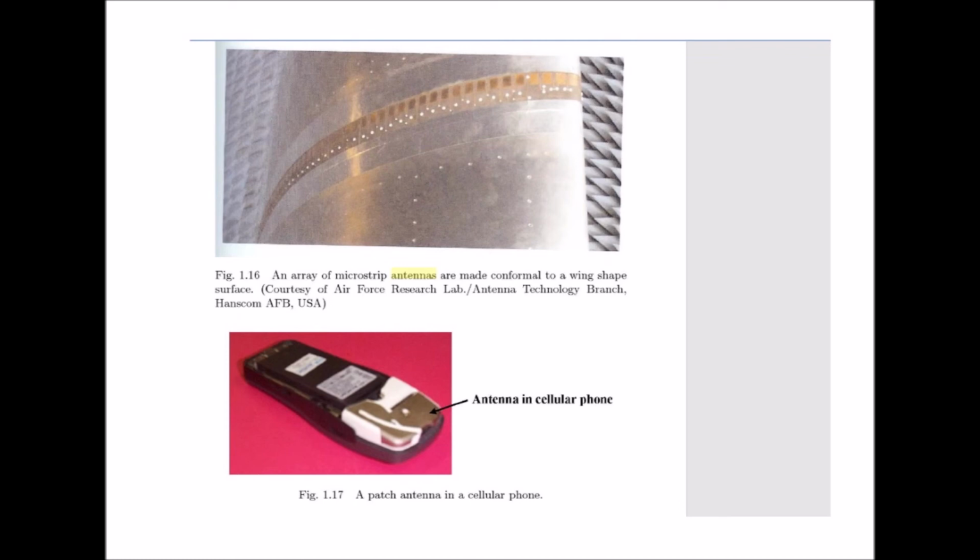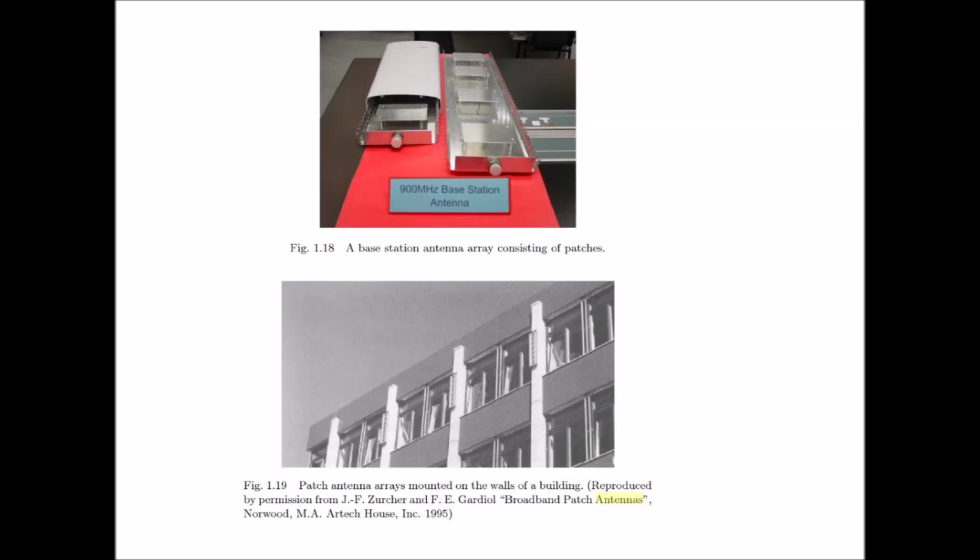Because of the advantages listed above, the microstrip patch antenna has also become the favorite of antenna designers for commercial, mobile, and wireless communication systems. Figure 1.17 shows a patch antenna in a cellular phone. Figure 1.18 shows a base station antenna consisting of patches. Figure 1.19 shows patch antenna arrays mounted on the walls of a building for satellite television reception.